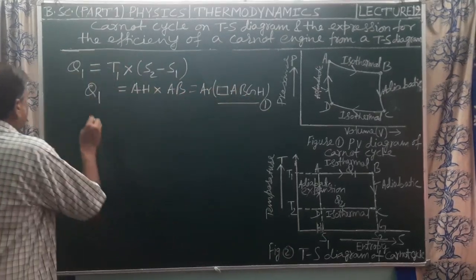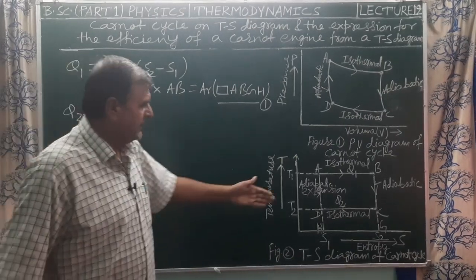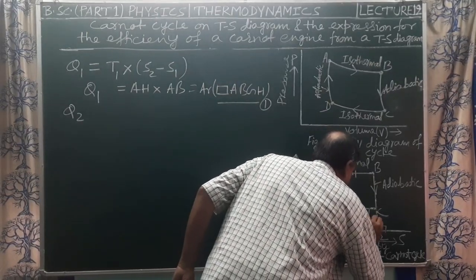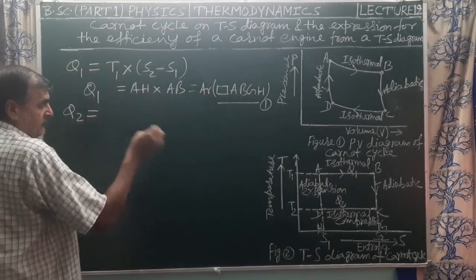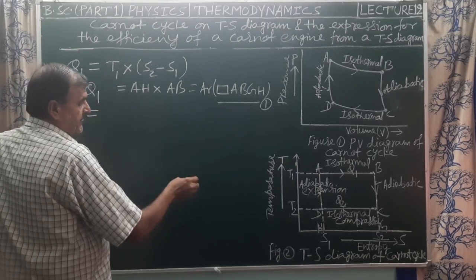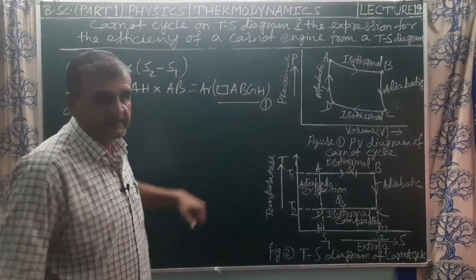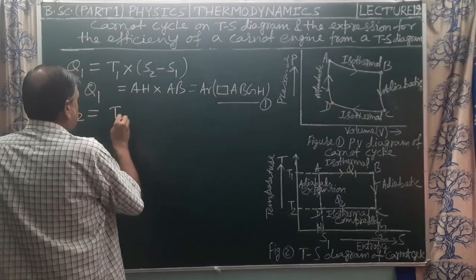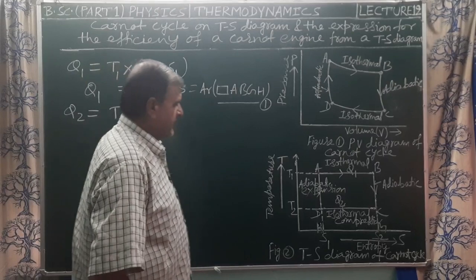Now suppose Q2 is the heat rejected during the isothermal compression, which is represented by side CD of the rectangle. So Q2 is the amount of heat rejected to the sink, and using the relation dQ is equal to T multiplied by dS, Q2 is equal to T2, the temperature of the sink, multiplied by CD.